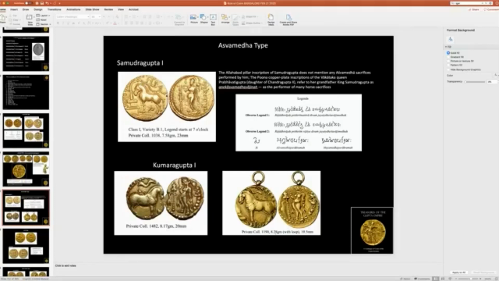Now, what is the Ashvamedha type? Ashvamedha was a sacrifice that was done by the king aspiring to increase his empire. It is a very intricate worship, a sacrifice that is detailed with very graphic details in the book.